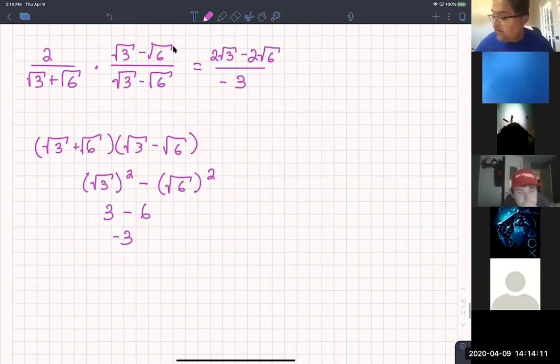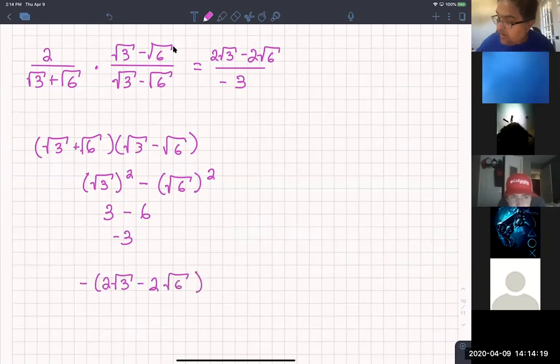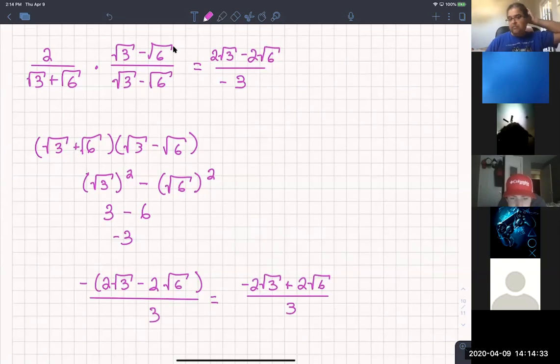Yeah, that's it. So if I give the negative to the numerator, the equation becomes negative 2 root 3 plus 2 root 6 over 3. All right. Any questions?